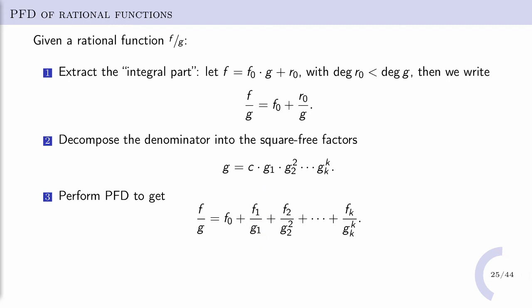So this way, we decompose this original rational function into a sum of a polynomial and a sum of fractions where each denominator is a power of a square-free factor of the original denominator.